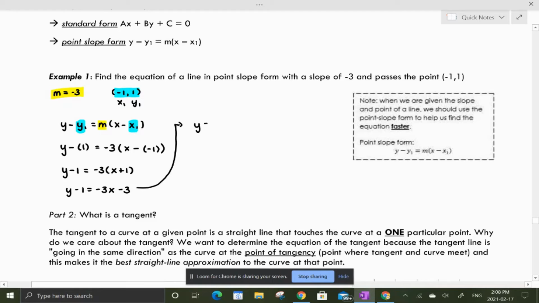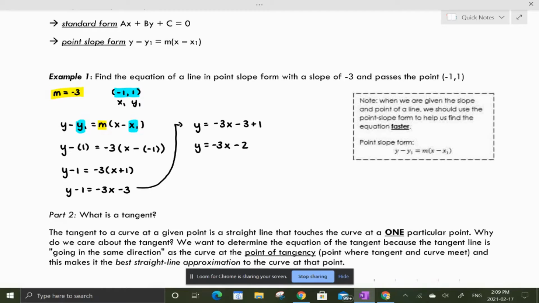And then I'm just going to move the -1 over. And so that's going to simplify to give me -3x minus 2. So the equation of the line that has a slope of -3 and a point at (-1, 1) is y equals -3x minus 2.